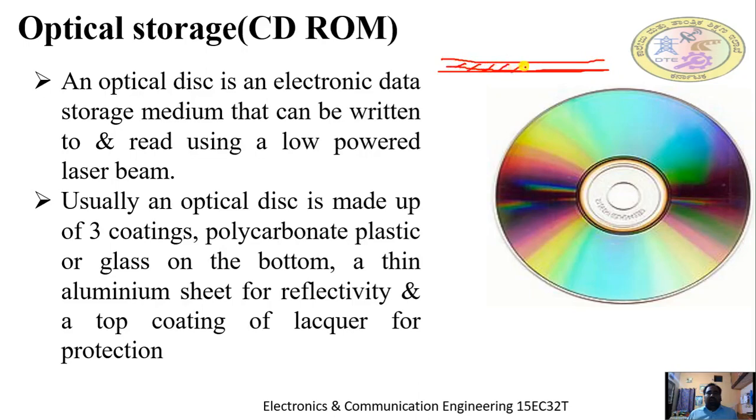This reflectivity property is used while reading the data from it. So to have the reflectivity property, a thin aluminum sheet is placed over the base, which is made up of plastic or glass.